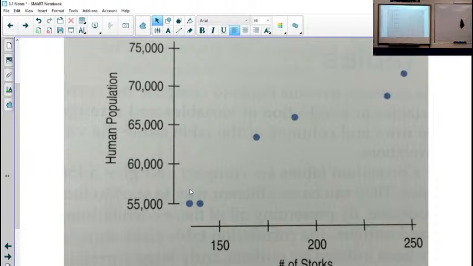And so what may be happening is that they may just have nothing to do with each other, or it may be that the causation is happening in the other direction than what we may be thinking.